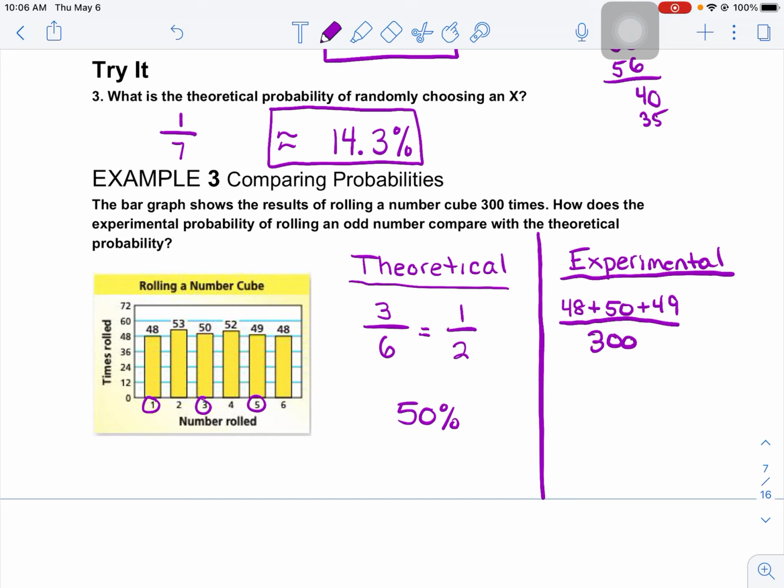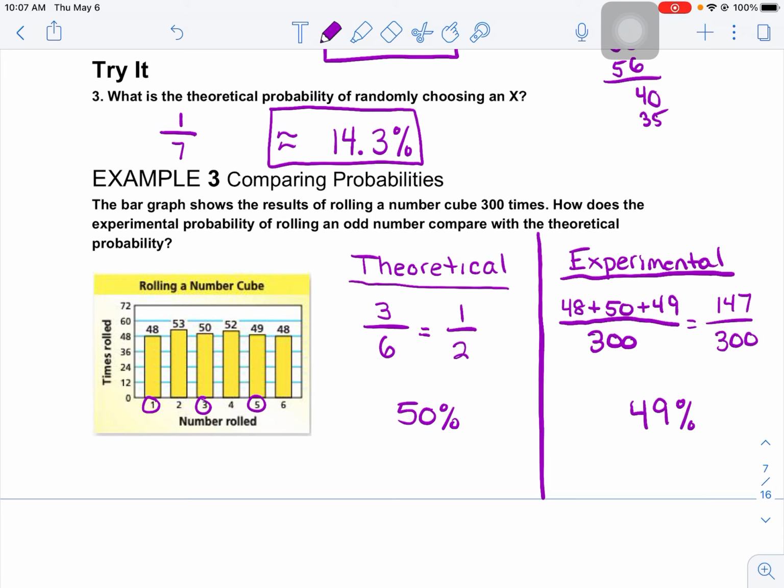So if we add those up, we end up with 147 out of 300. So again, I'm going to use my calculator here to figure out what that is. So 147 divided by 300 gives me 49%.